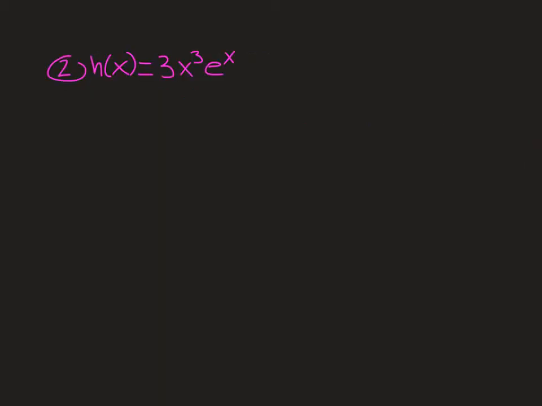For number 2, we actually have to use the product rule. There is no shortcut for this one. So I'm going to call this 3x cubed my first term, or you can call it your f of x. e to the x is my second term.